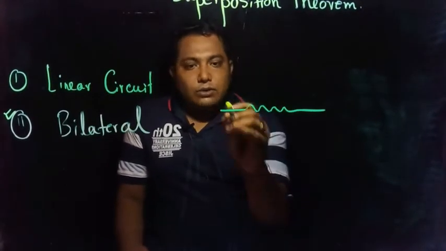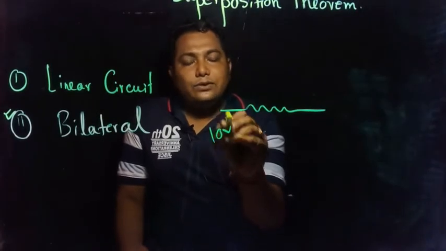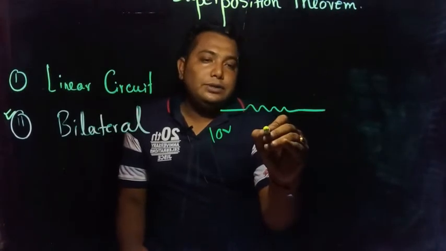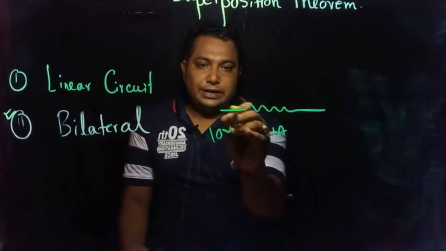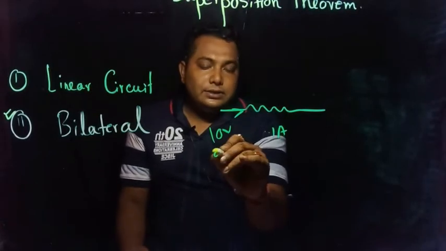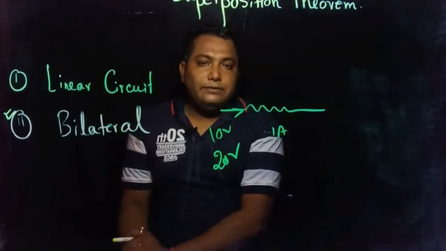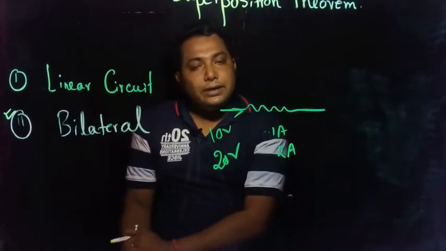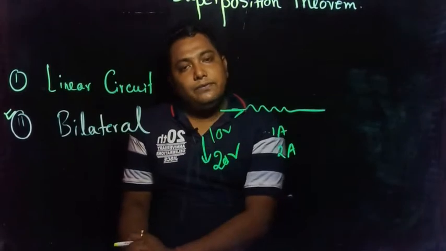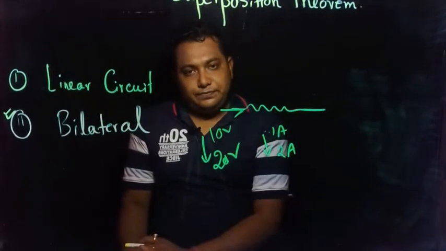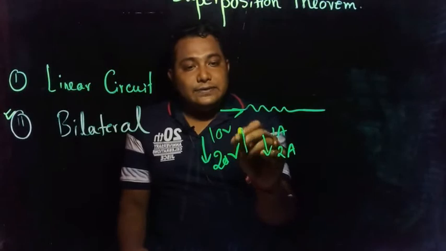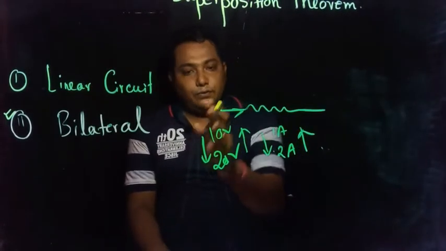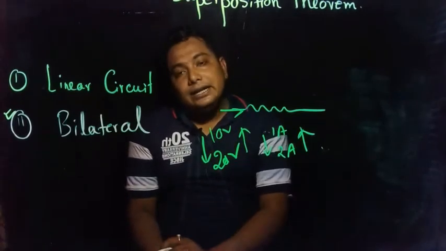Say a 10 volt supply is given, and due to that 0.1 ampere current is flowing through the circuit. Now if we increase the voltage from 10 volt to 20 volt, the current value becomes 0.2 ampere. So when the voltage increases, the current also increases. At the same time, with decreasing voltage, the current decreases, so we can say that between voltage and current we have a linear characteristic.